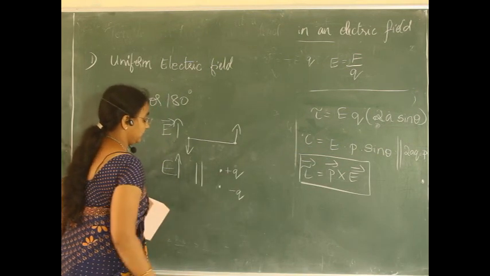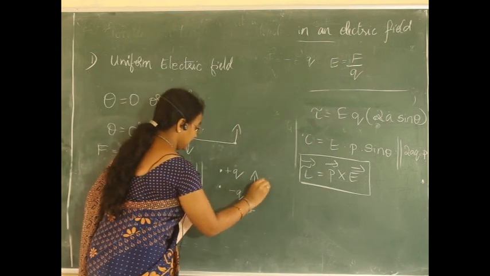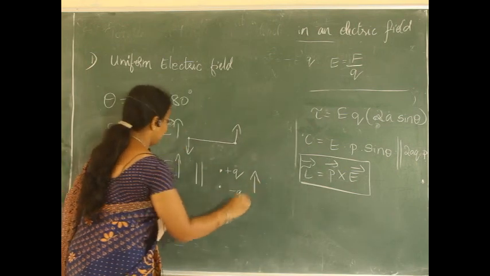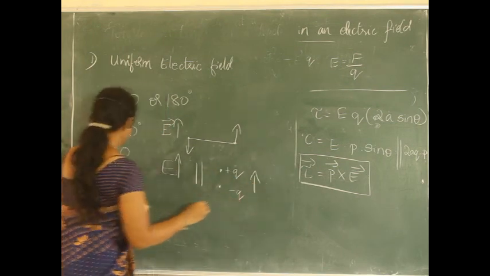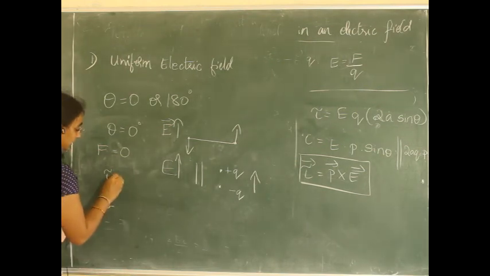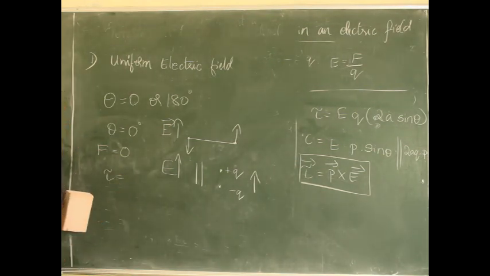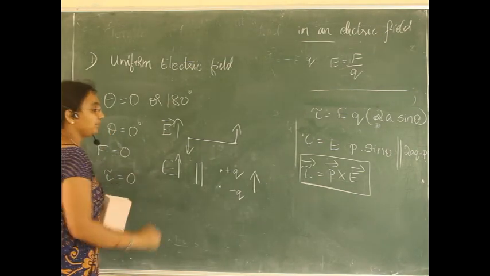If the direction of the electric field is like this, and the dipole is in the same direction, then theta is equal to 0 and tau is equal to what? Sin 0 is 0, so tau is equal to 0.